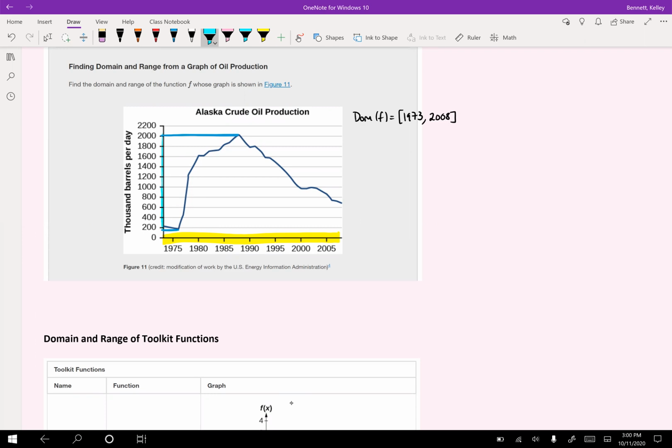We don't have any open dots to worry about, so my brackets will be square. So let's call it 175, and then maybe 2050 or something like that. I'm estimating visually, but it's just slightly higher than 2000 and slightly less than 200.